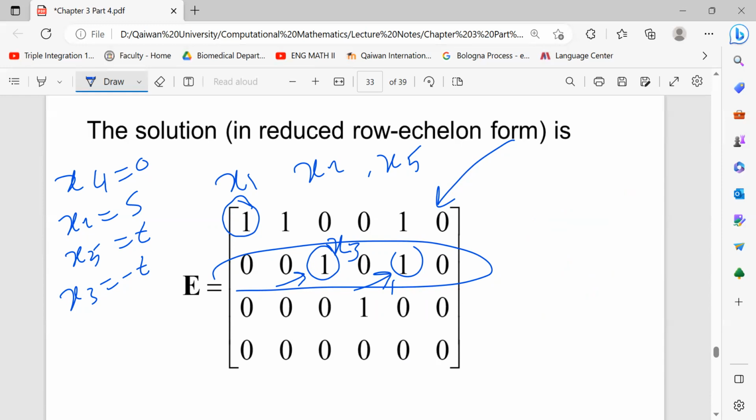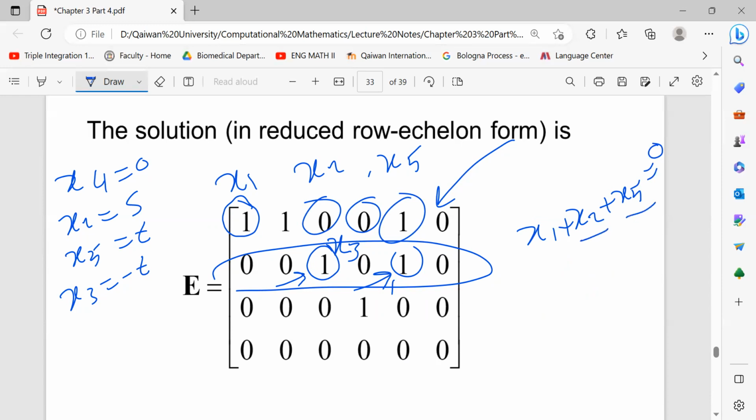Let's write down the equation in the first row. It's x1 plus x2. Coefficient of x3 is 0. Coefficient of x4 is 0. We don't need to write down these two terms. Coefficient of x5 is 1, so plus x5 is equal to 0. Now, we already found these two.